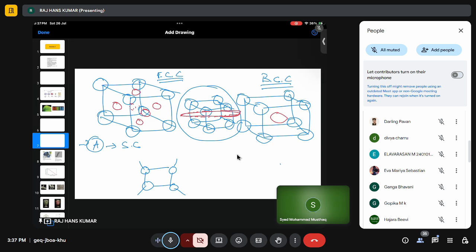Each atom is losing one bond, breaking a bond. So then it is straightforward. If I cut a simple cubic surface, how many atoms are there? I have 4 atoms. How many bonds are being broken? 4 bonds.